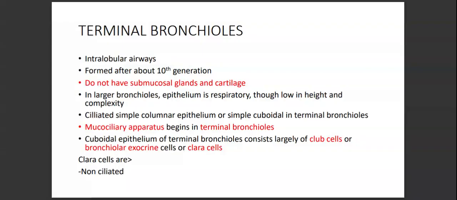Initially we had the stratified squamous epithelium in the vestibule, which changed to pseudostratified or respiratory epithelium. Then when you reach the level of terminal bronchioles, it is changing now. It is becoming shorter and shorter, because by the time we reach the alveoli, the epithelium must be very simple, simple squamous.